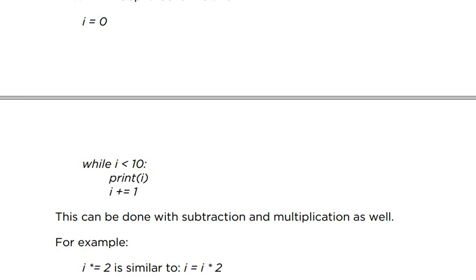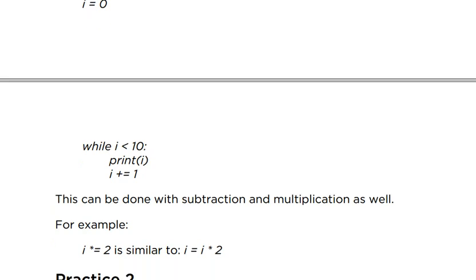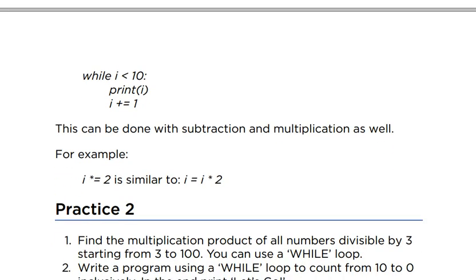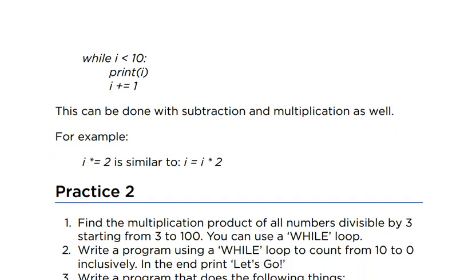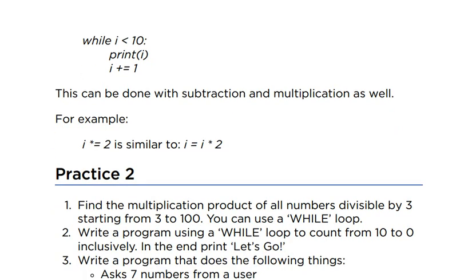While i < 10, print i. i += 1. This can be done with subtraction and multiplication as well. For example, i *= 2 is similar to i = i * 2.